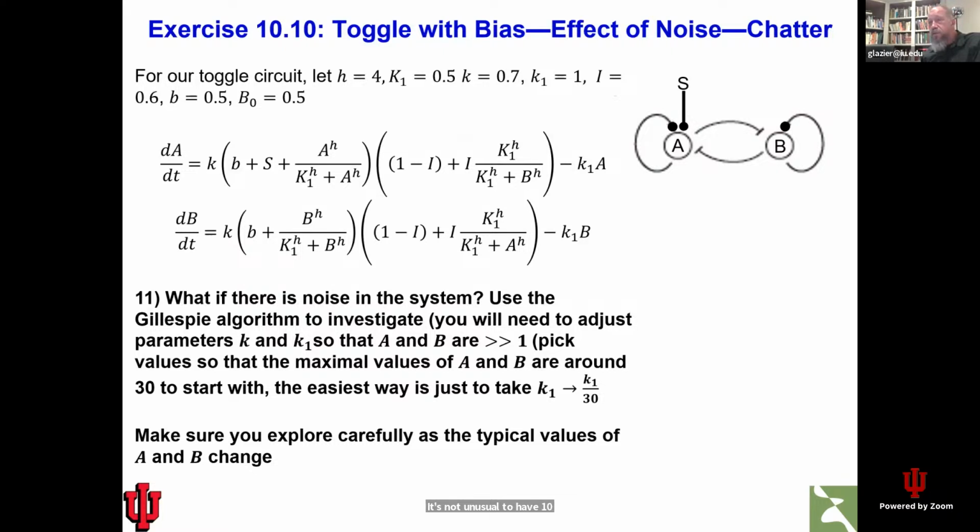So the actual number of A's and B's in the cell might be around 10, 20, 30.